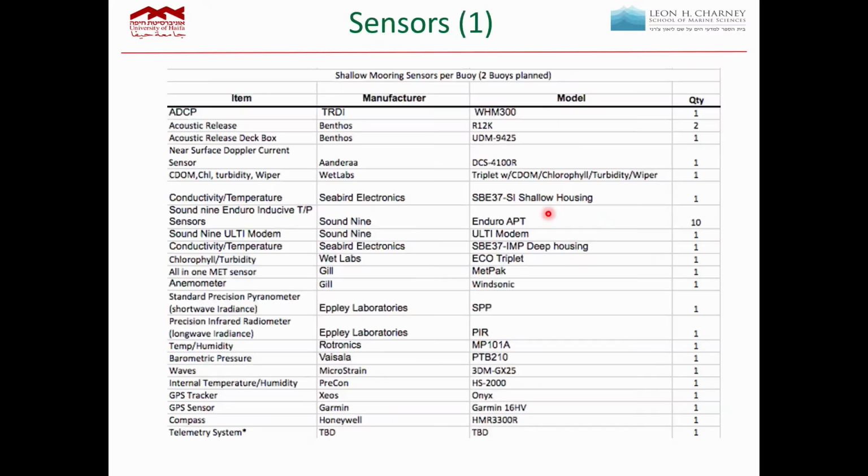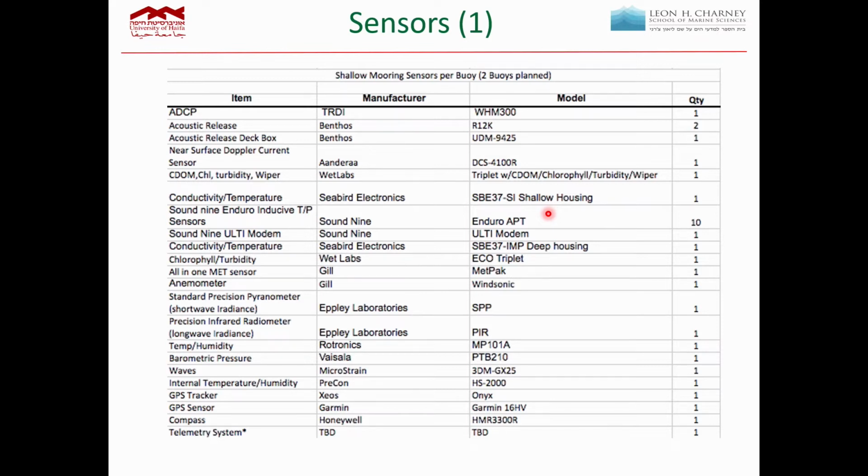This is the list of sensors that we have. So I mentioned ADCP. And there is a CDOM, there are turbidity sensors, conductivity and temperature, chlorophyll, humidity sensor, barometric pressure, waves.